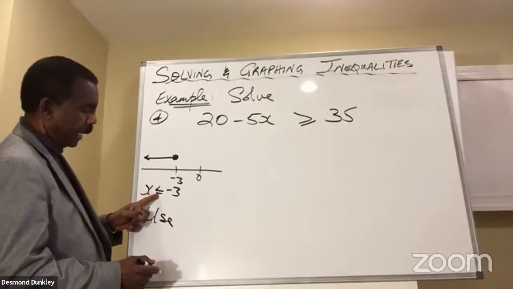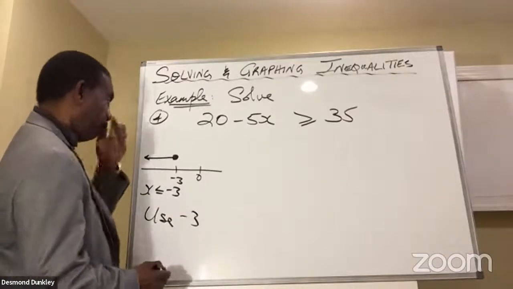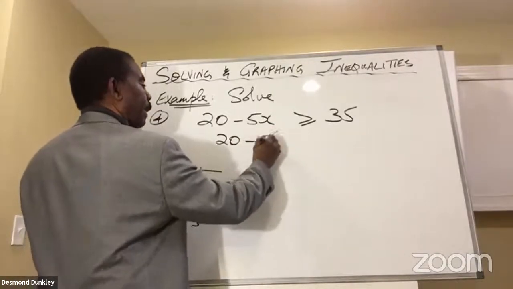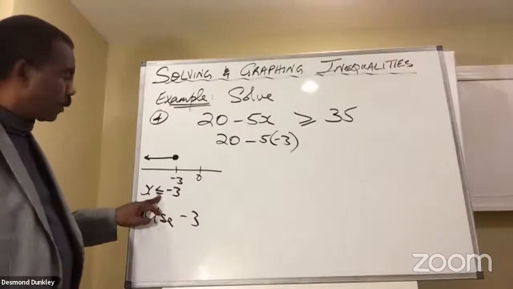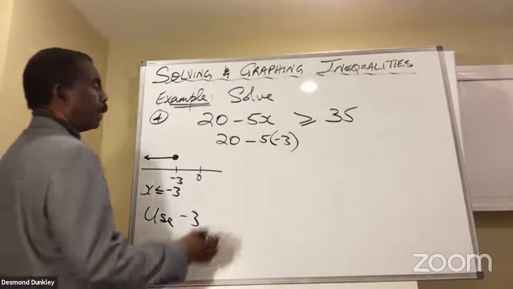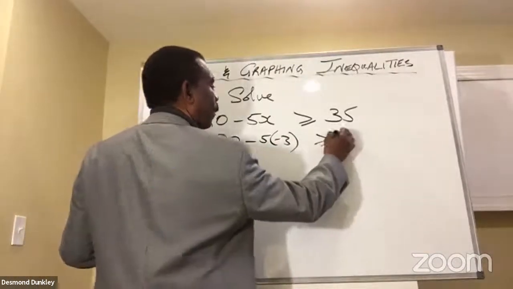So let's use a number that is less than, well, let's use negative 3. By the way, negative 3, it says equal to, so it should work. So 20 minus 5 times negative 3, is that greater than or equal to 35?